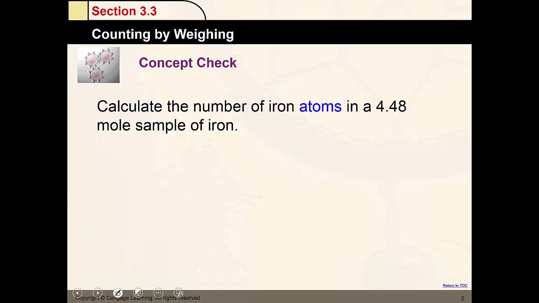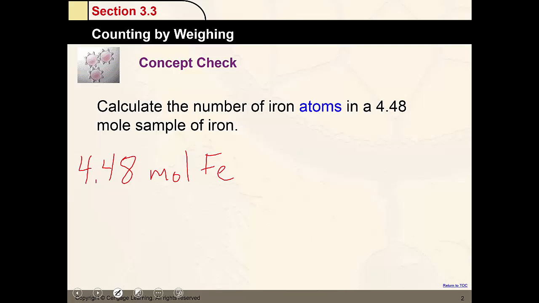So always with these types of problems, the first thing you should do is write down what's given to you in addition to the units. So here, we are given 4.48 moles of iron. And for this, not only should you write the unit, so the unit here is moles, but also whatever element or compound it is.